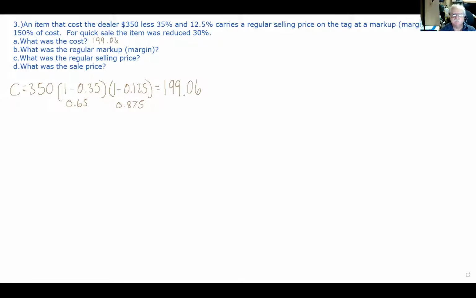And it carries a regular selling price on the tag at a markup margin of 150% of cost. So now they're telling us markup equals 150%, so 1.5 times cost. But as we know what the cost is, we can figure out what this markup is.